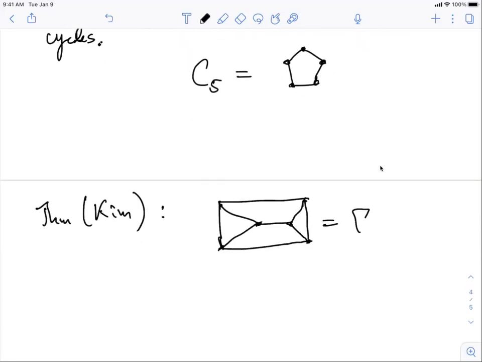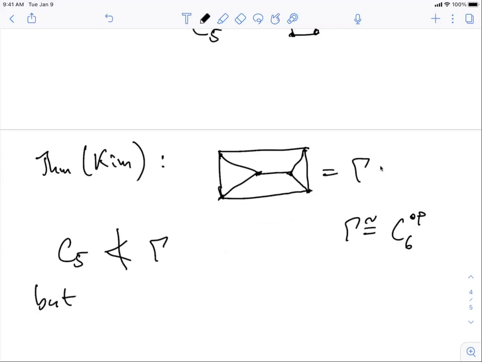If you are bored in this talk, you can show that gamma is isomorphic to the complement of the hexagon. Then one can check that C5 is not a full subgraph of gamma, but A of C5 embeds as a subgroup of A of gamma.